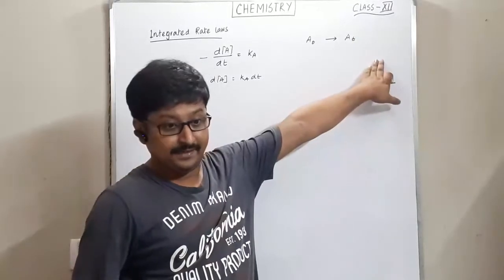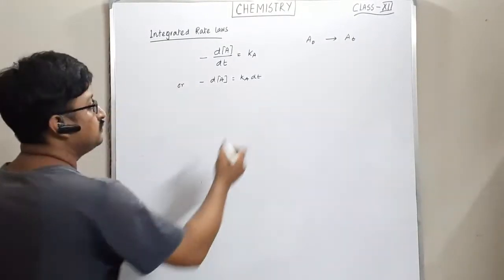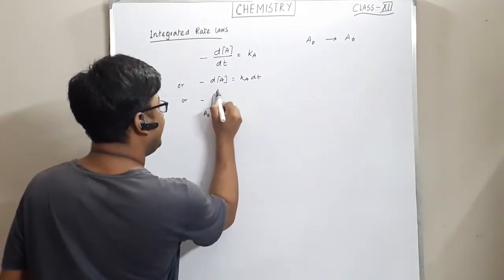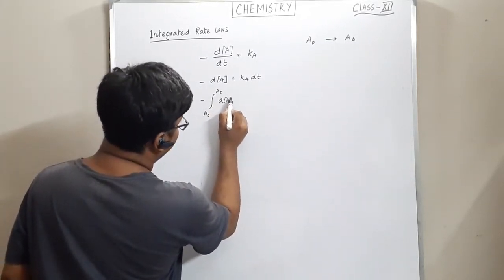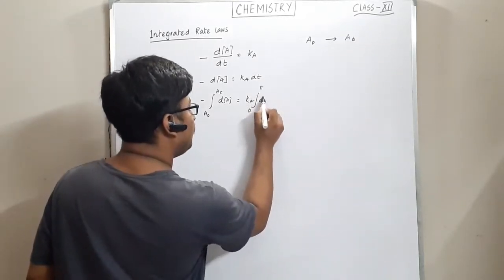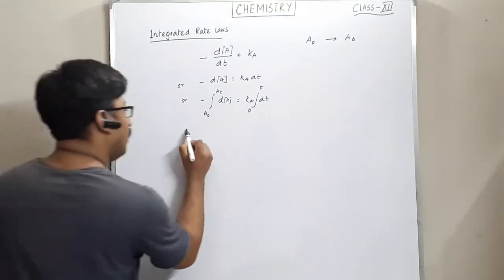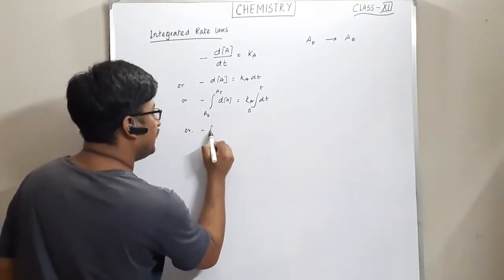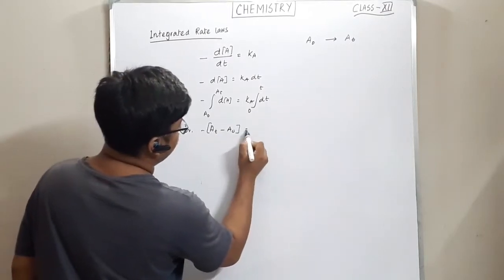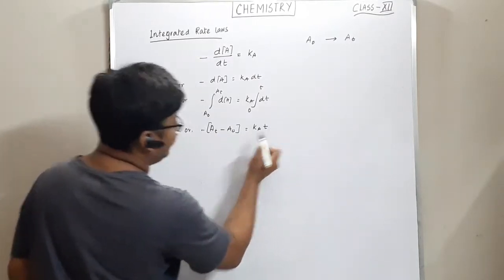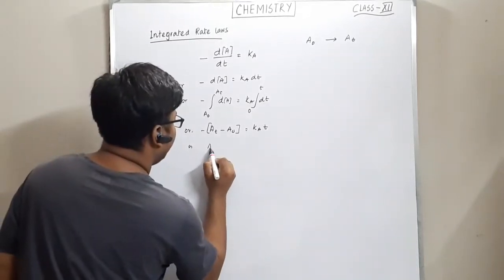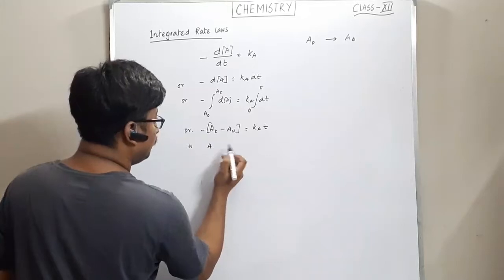So if we integrate A0 to At, d of A is equal to Ka integrated from 0 to time t. We get minus of At minus A0 is equal to Ka into t.